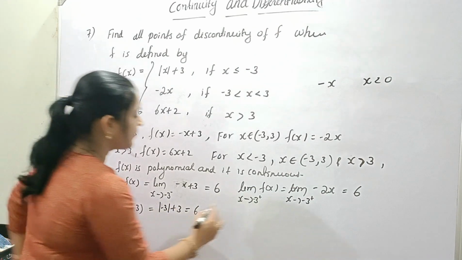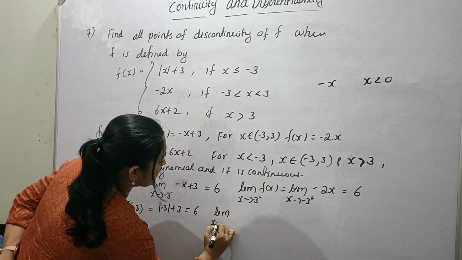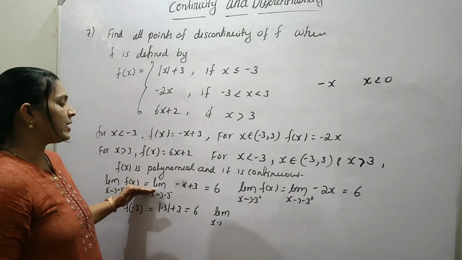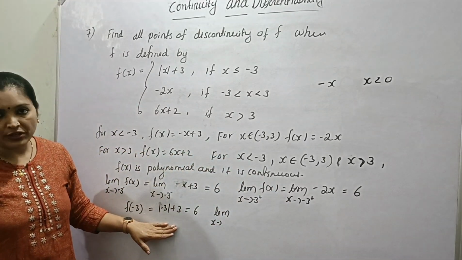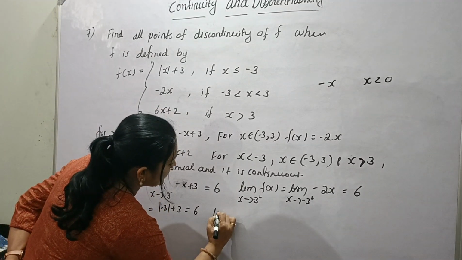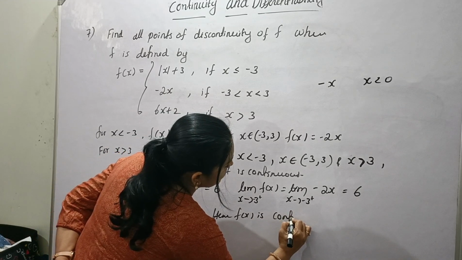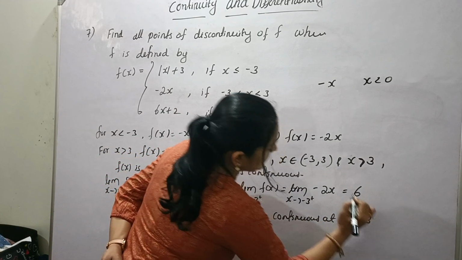Here also we can say left hand limit is equal to right hand limit is equal to the value of the function. Hence the function f of x is continuous at x is equal to minus 3.